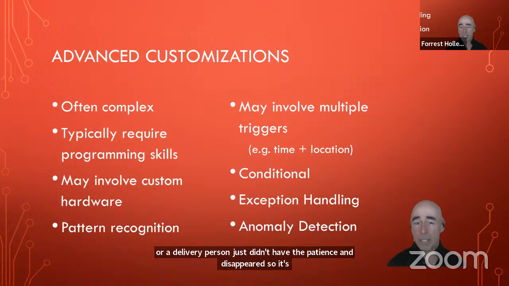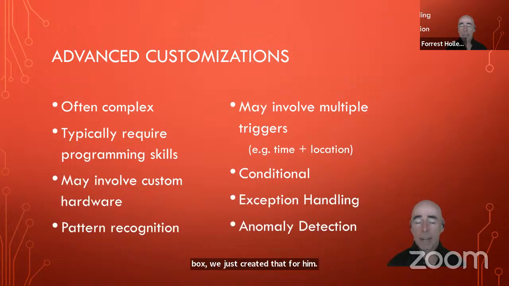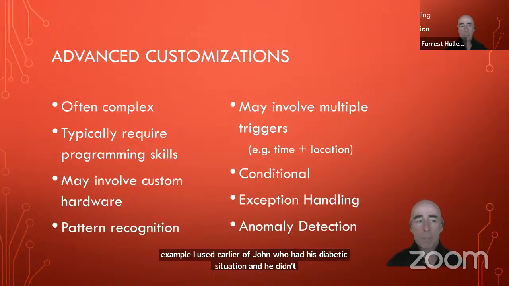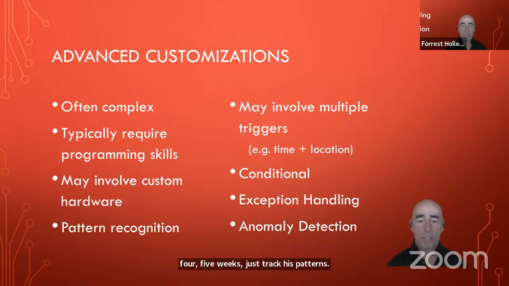Sometimes advanced customizations take great advantage of pattern recognition. So the example I used earlier of John, who had his diabetic situation and he didn't wake up. What we can do is put in sensors in every room of the house, and for 4 or 5 weeks, just track his patterns. And again, this is kept in a very safe and secure environment.